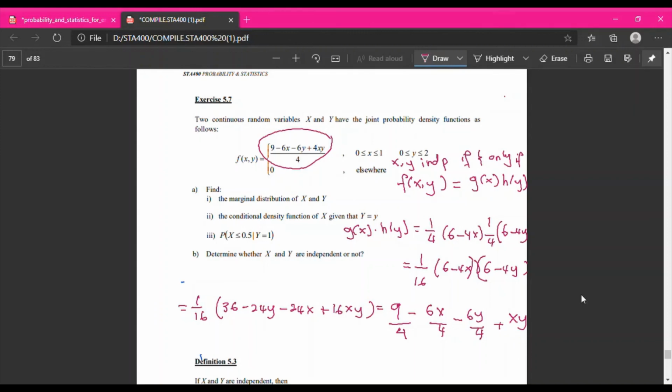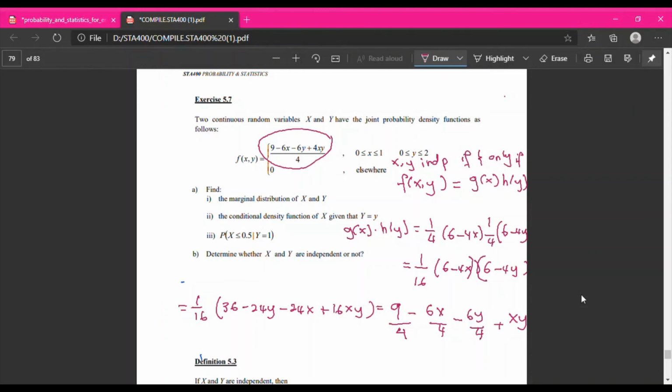So it seems that x and y are independent, right? Since this answer, which is the multiplication of the marginal of x and the marginal of y, is 9/4 minus 6/4 x minus 6/4 y plus xy, which equals the joint function, this function.